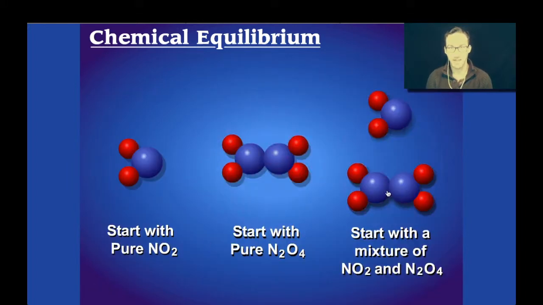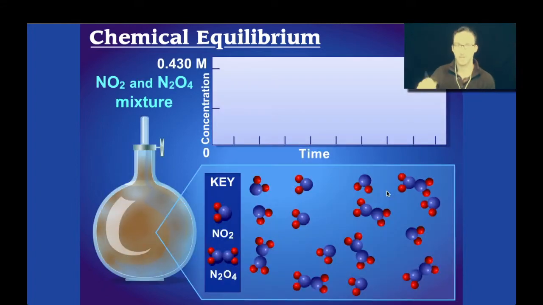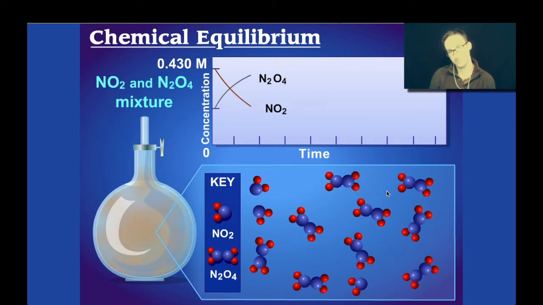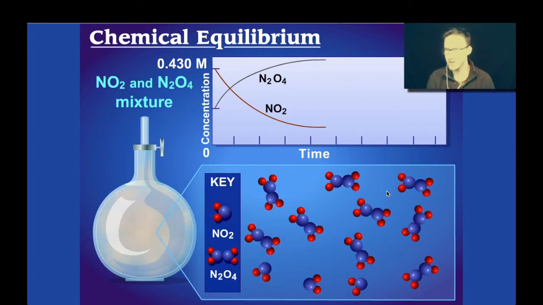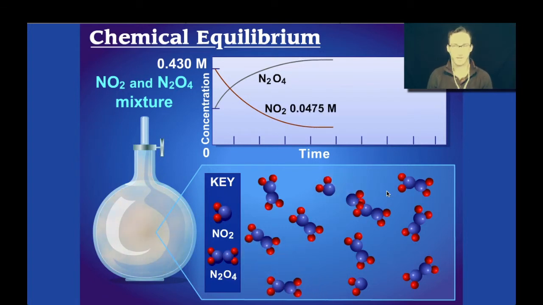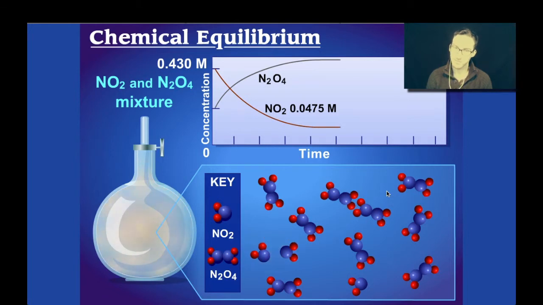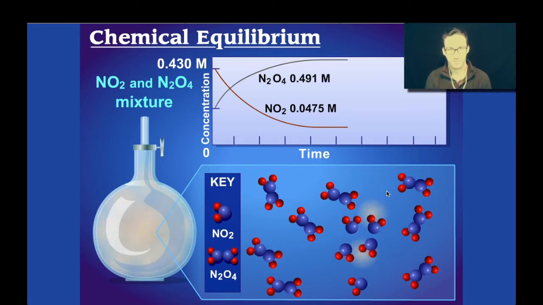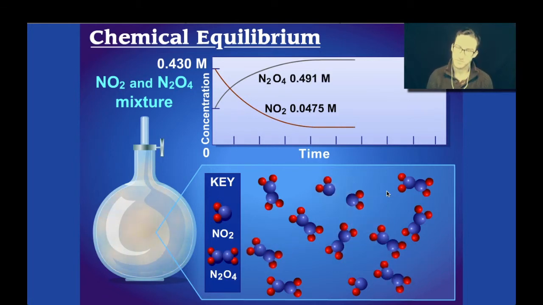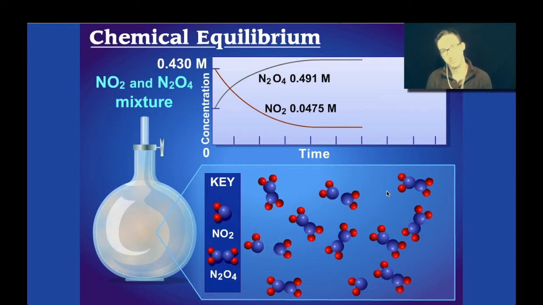Here we go. Mixture of NO2 and N2O4. Starting with 0.430 molar NO2 and 0.300 molar N2O4, the reaction proceeds toward equilibrium with some NO2 molecules combining to form N2O4 molecules. At equilibrium, the concentration of NO2 is 0.0475 molar, and the concentration of N2O4 is 0.491 molar.